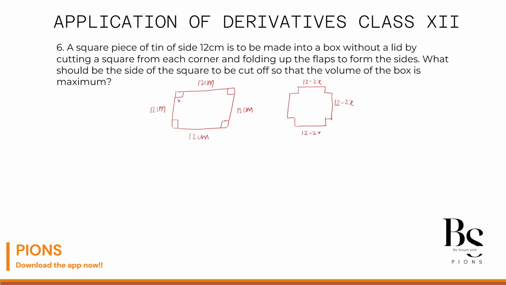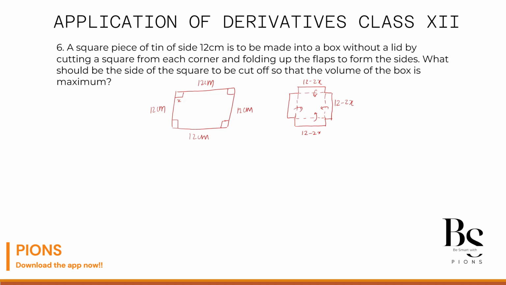Now when you flip this paper from this edge, and from this edge, to understand this more clearly, try this right now. When you flip them, what you will find is that the length here will become 12 minus 2x. The breadth here will become 12 minus 2x because it was a square, right?